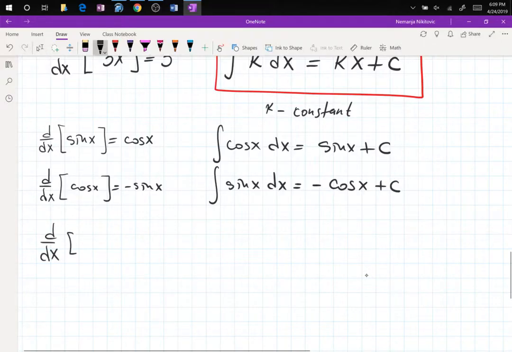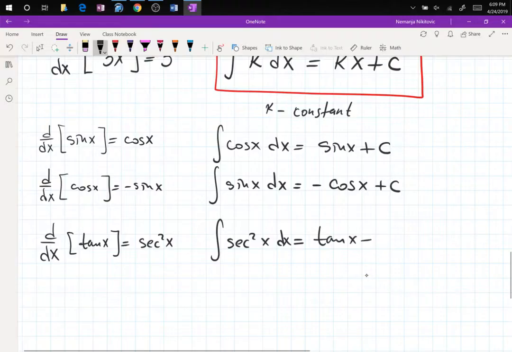What's the derivative of tangent x? Very good. So now the integral of secant squared x dx is tangent x plus c. All right, so this is where we start going crazy a little bit. What are your basic trig functions for derivatives? Sine, cosine, tangent, cotangent, secant, cosecant, right?